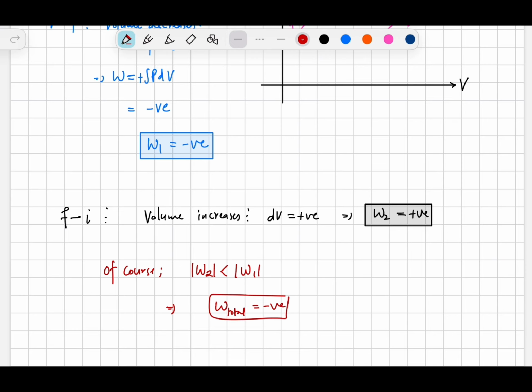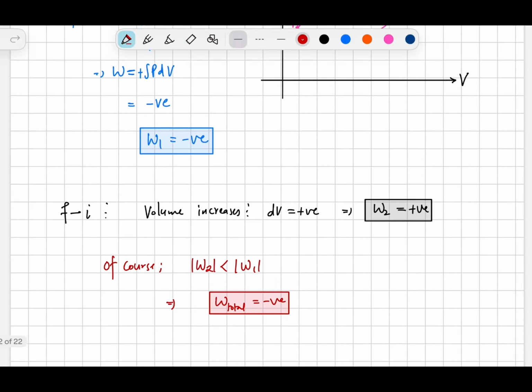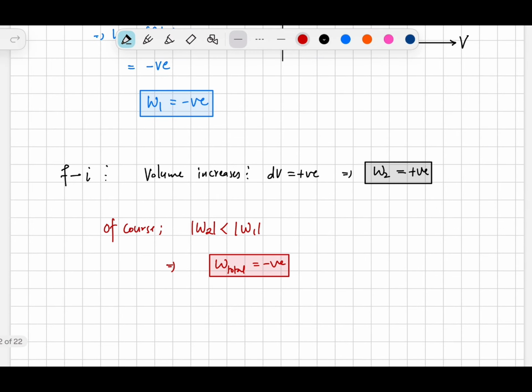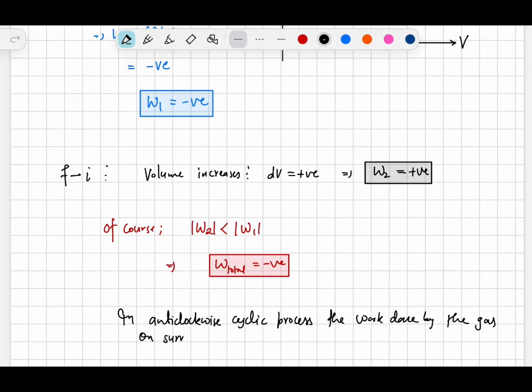Think about it, it's too easy to think about it. Okay, so this is why we say that in anti-clockwise cyclic processes, the work done by the gas on surrounding is negative.